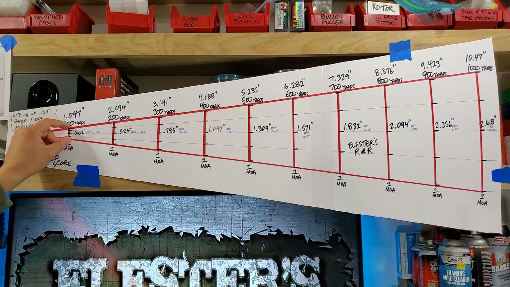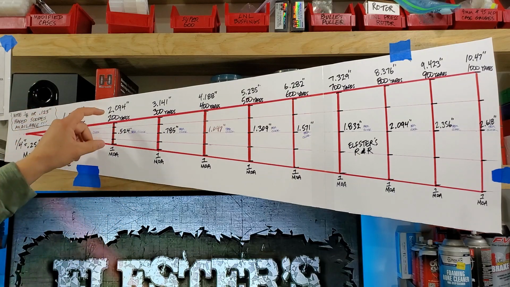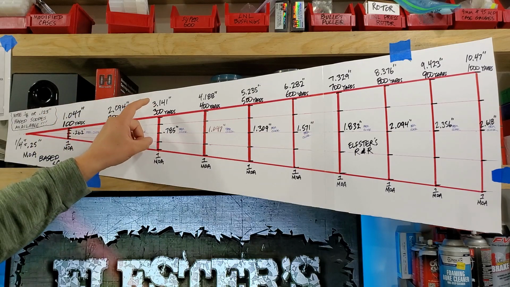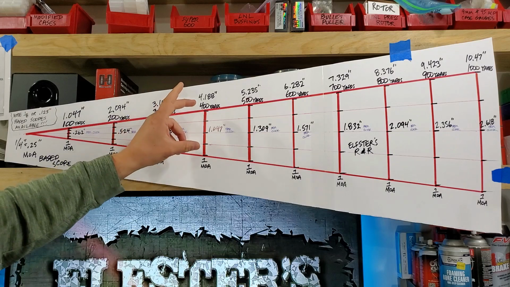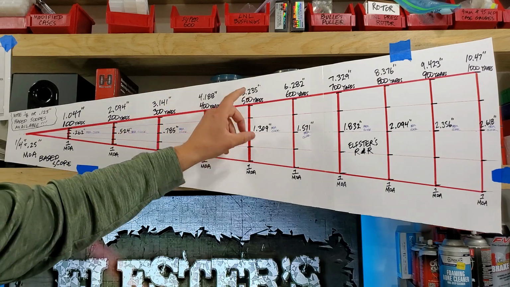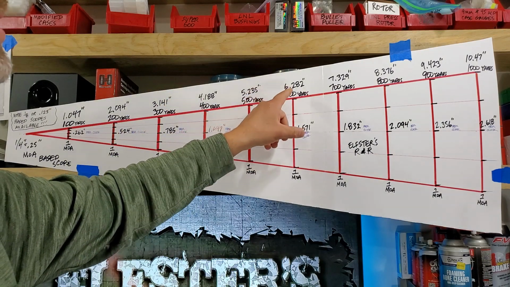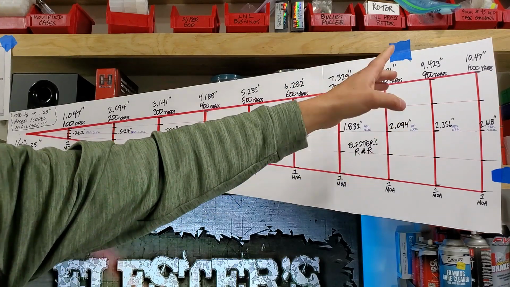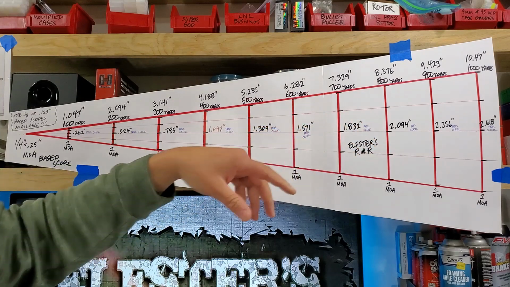So 1 minute of angle at 100 yards is 1 inch. 1 minute of angle at 200 yards is 2 inches. 1 minute of angle at 300 yards is 3. And 4 is 4. 5 is 5 inches. 6 is 6 inches. 7 is 7 inches, and so on, all the way up to 1,000, which would be roughly 10 inches.